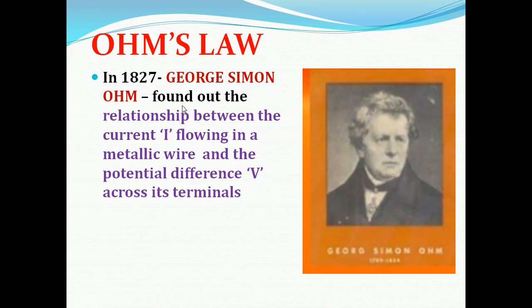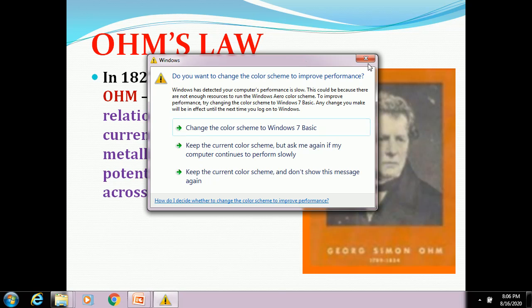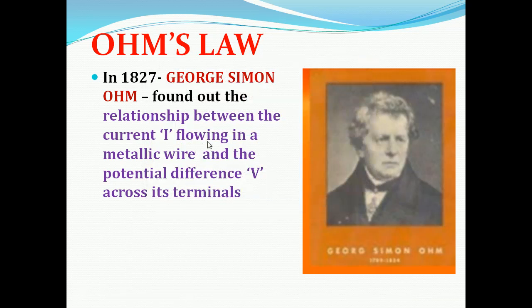Ohm's law tells the relationship between the current I flowing in a metallic wire and the potential difference V across its terminals. We know that current means flow of charge at a particular area in unit time, and potential difference is the amount of work done to move a charge from one point to another.